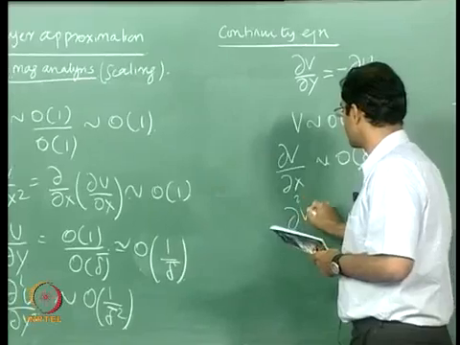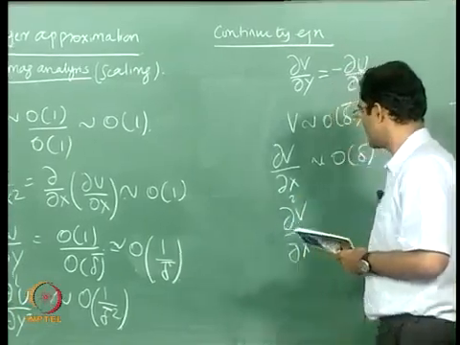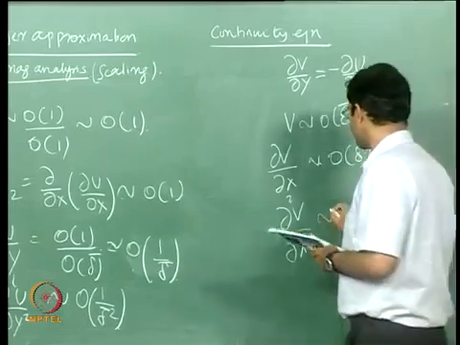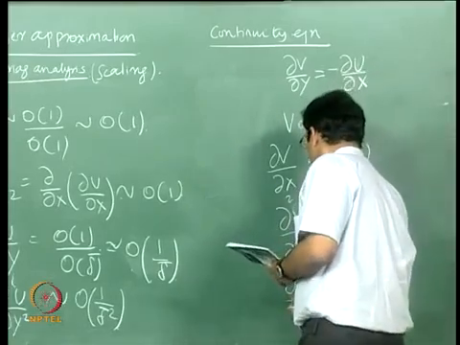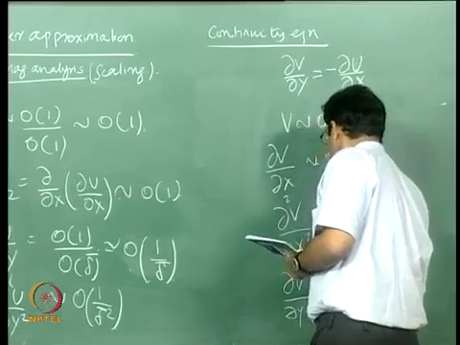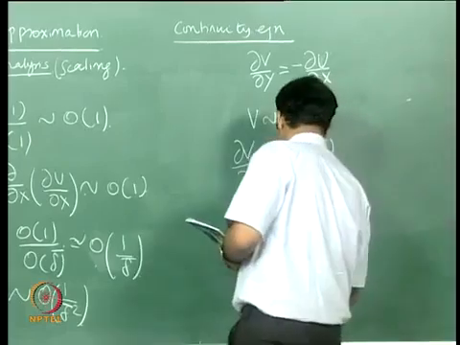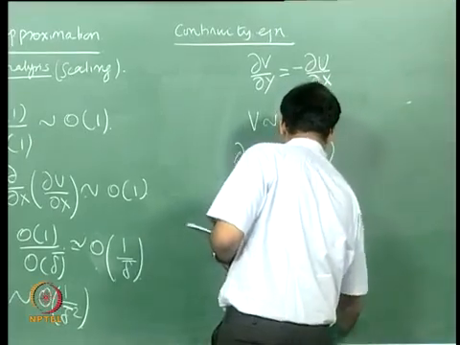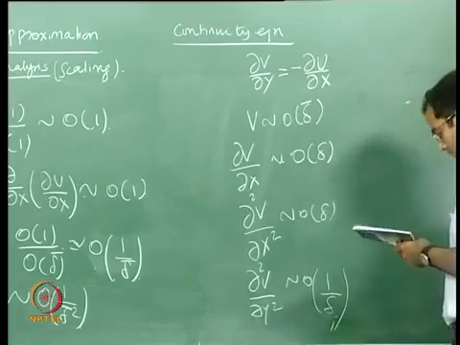And your d square v by dx square, again delta, so d square v by dy square, delta by delta square. So you have all the derivatives.